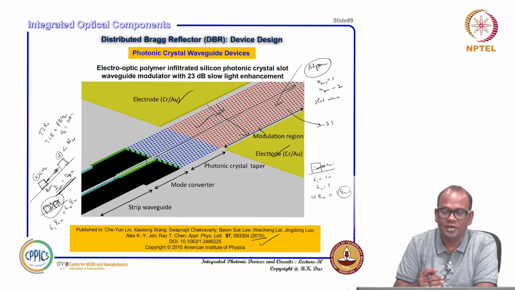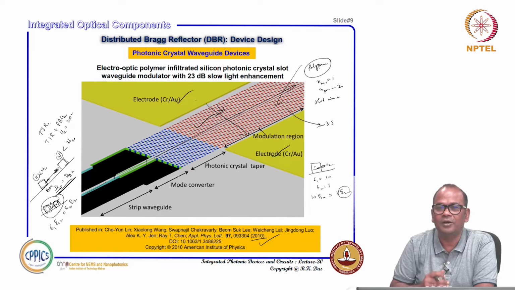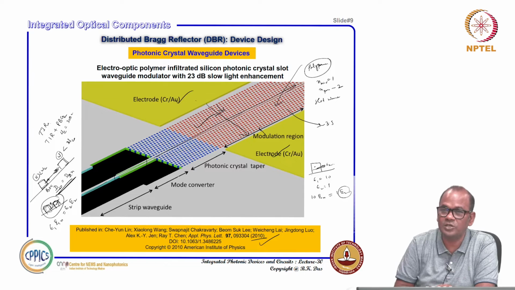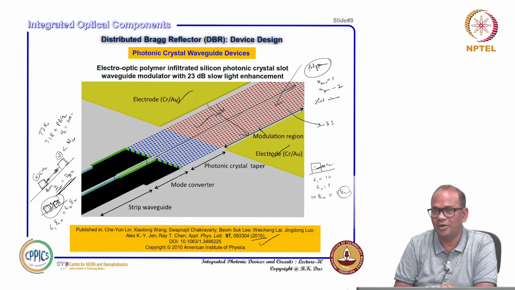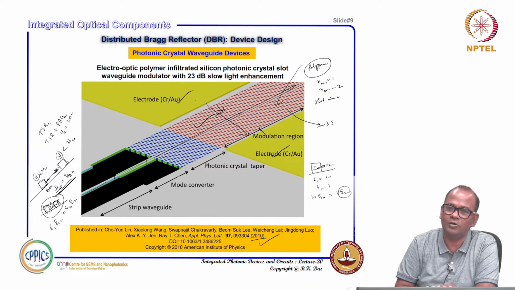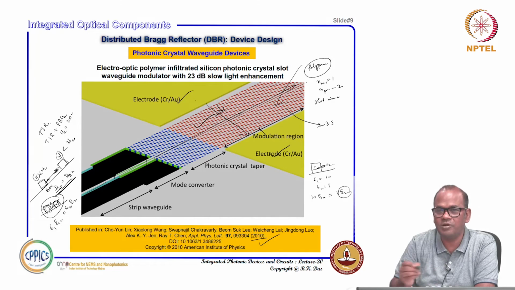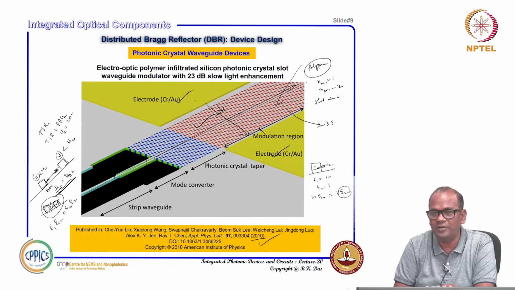Theoretically you can bend very sharply, even a 90-degree bend is possible, as some people demonstrated theoretically. But experimentally these waveguides are highly lossy because of the roughness and non-homogeneity. Fabrication yield is also required: if the periodicity is broken somewhere, light will leak at that point, which is not good. Unless the waveguide loss is reduced, this type of device will not find much application.